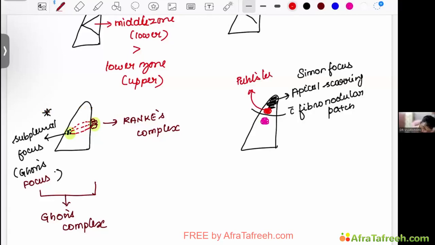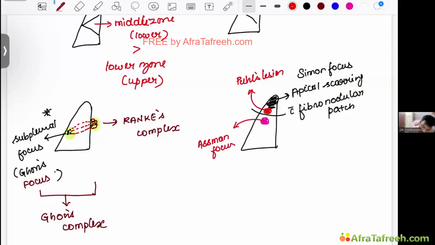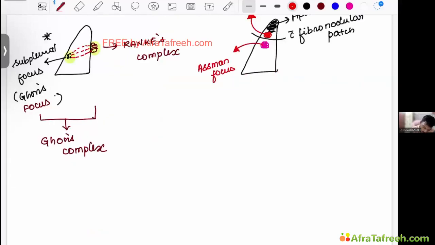Below the clavicle is called the Osman focus. Gons complex is Gons focus plus lymphatics plus hilar lymph nodes.